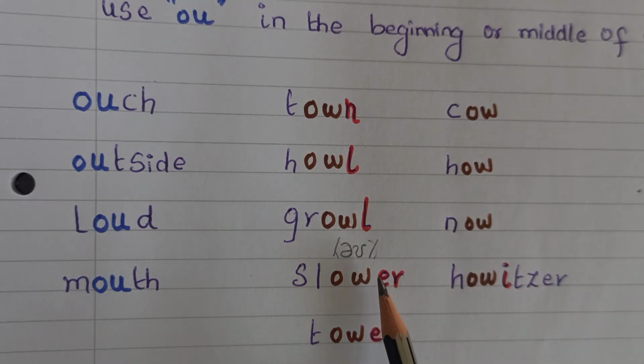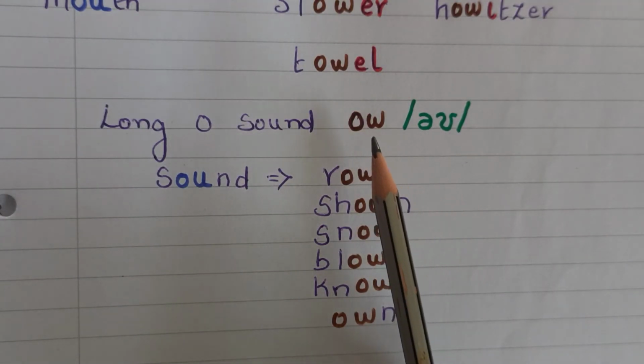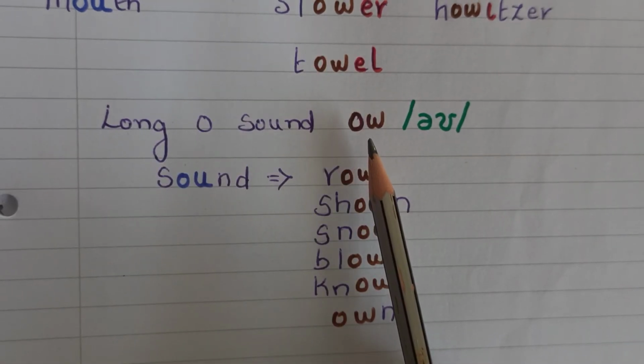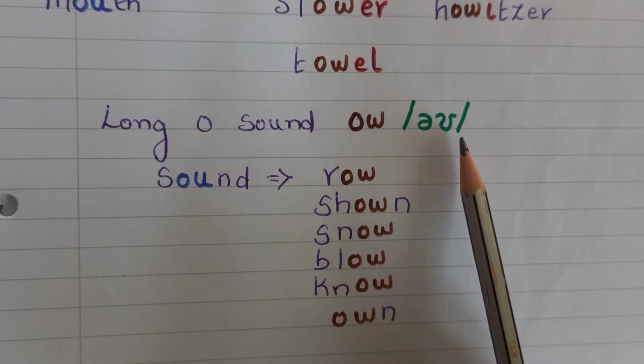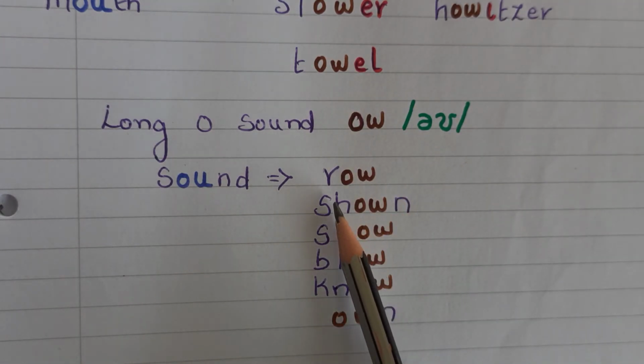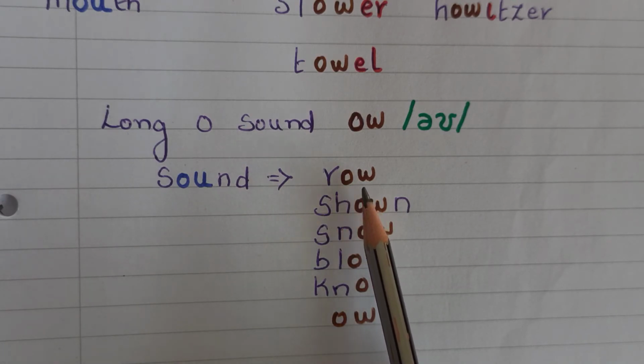Sometimes the OW also takes the sound of a long vowel O sound. So OW not only makes the sound ow, it also makes the sound O. It is a phonetic symbol I have used. Row, here it is not ow, it is O. Shown, own.